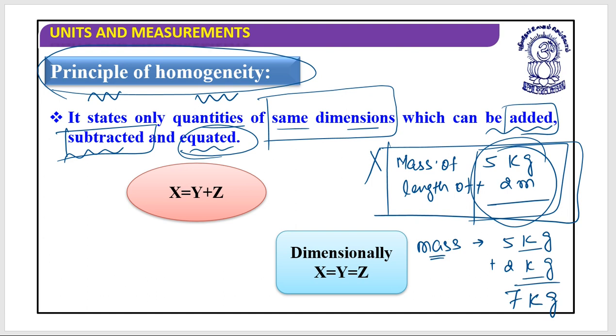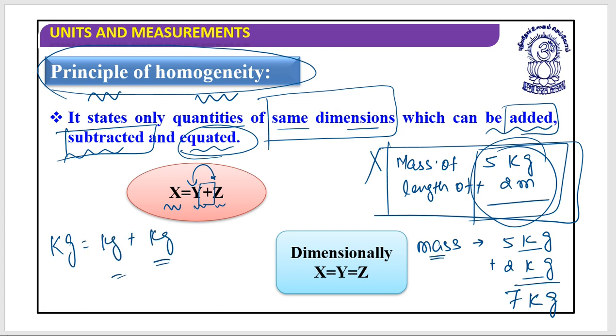So if I write x is equal to y plus z, here y and z are associated with a symbol of addition. They are added, so they must be of the same dimension. So dimensions of y and dimensions of z should be the same. Just remember this, kg is equal to kg plus kg.